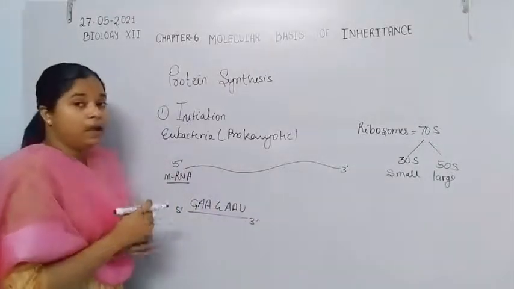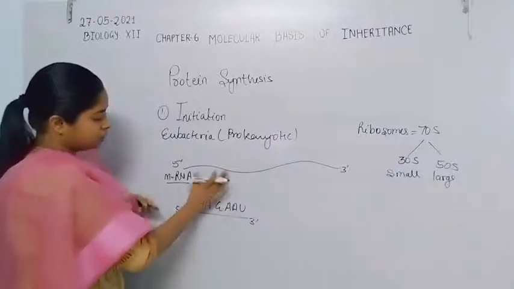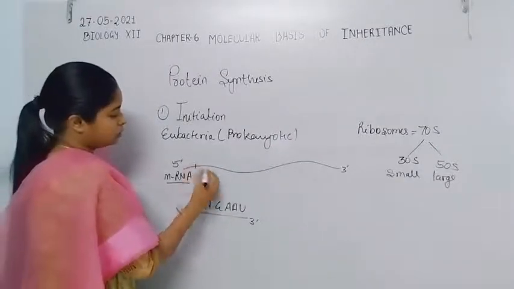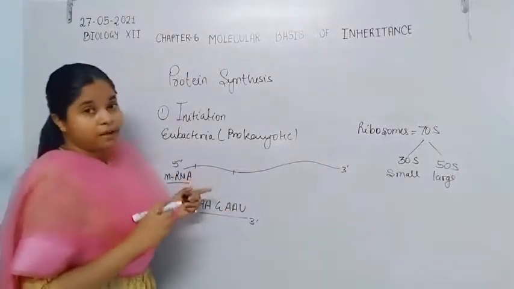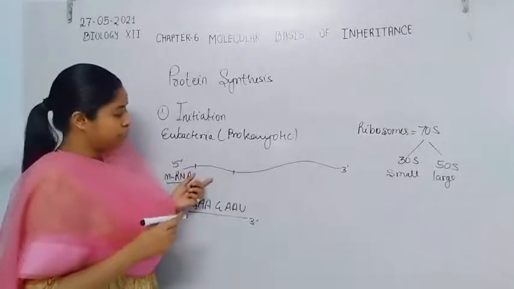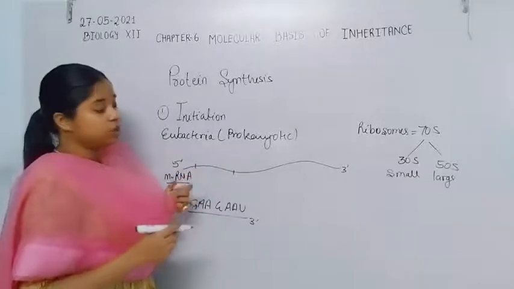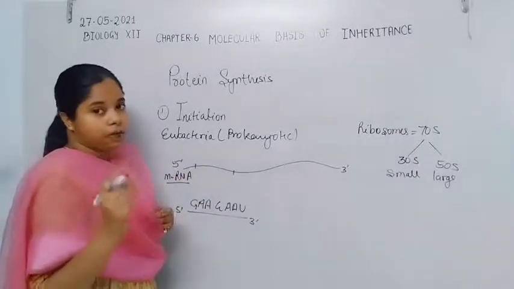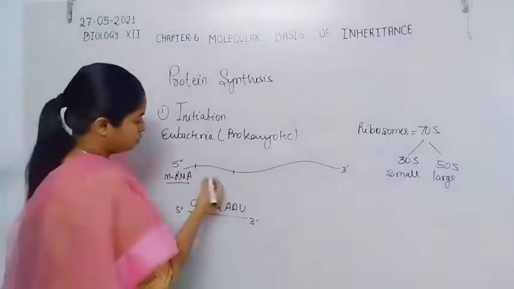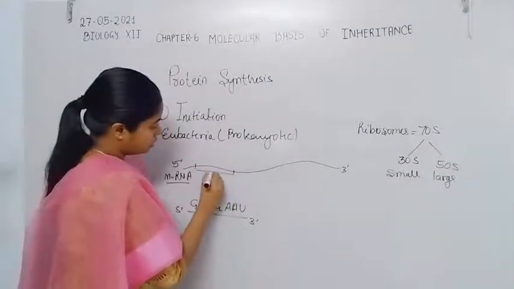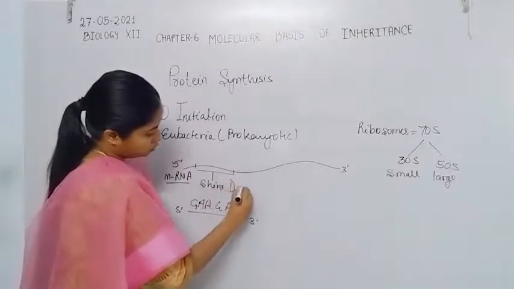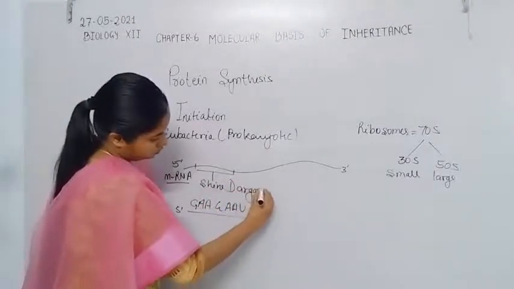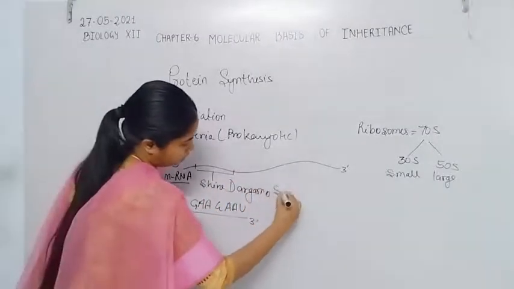This specific sequence is formed by 8 to 10 nucleotides, and most of the nucleotides belong to the purines. So this sequence is known as the Shine-Dalgarno sequence.